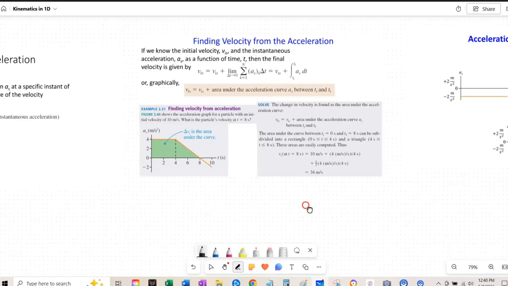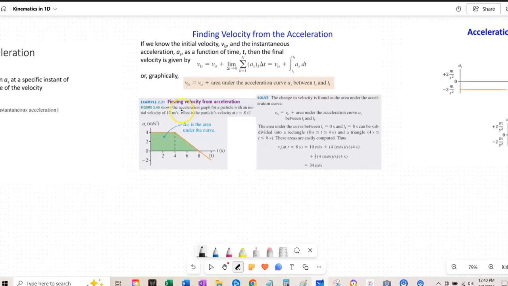If you use the area underneath the line for an acceleration versus time graph, relative to the zero line, you can actually figure out the total change in velocity. Now, that won't tell you which direction you're moving, okay? Just like the velocity versus time graph doesn't tell you your position at any given point in time, an acceleration versus time graph doesn't tell you your exact velocity at any given point in time.